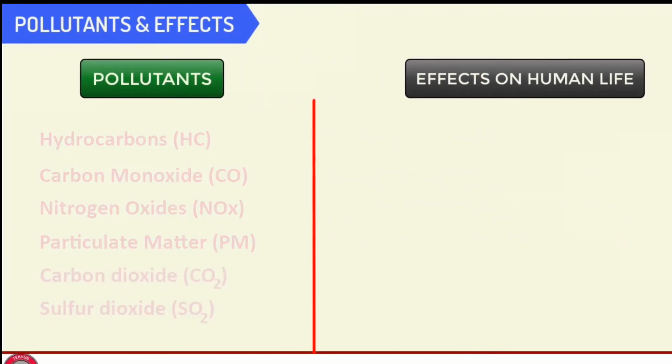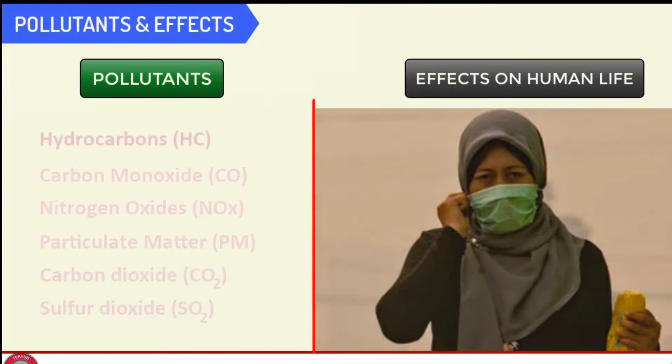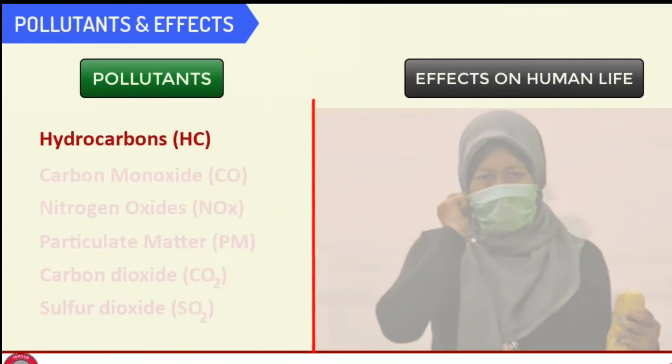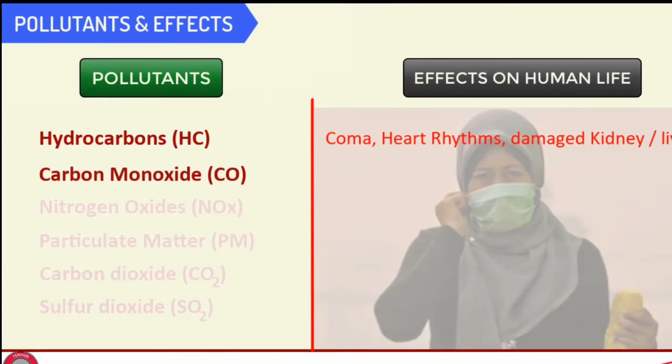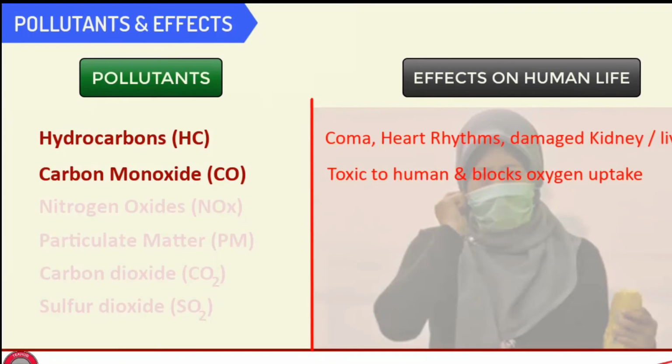Effects of pollutants on human life. Hydrocarbons, that is HC, can cause effects like coma, irregular heart rhythms, or damage to kidneys or liver. Carbon monoxide, that is CO, is highly toxic to humans and blocks oxygen uptake.